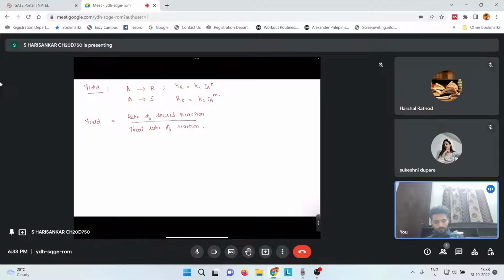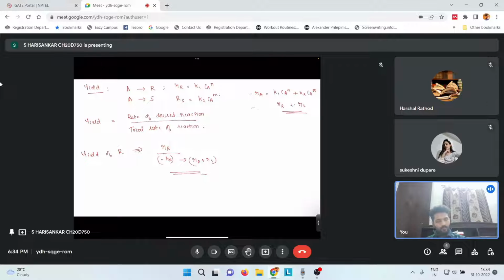Okay, so let's say yield of R, then this will be the rate of formation of R, that means RR, by the total rate of reaction, that means minus RA, and this minus RA is nothing but RR plus RS for a parallel reaction. I hope you understood how this was arranged, because minus RA is basically K1 CA raised to N plus K2 CA raised to M, and this K1 CA raised to N is RR and K2 CA raised to M is RS.